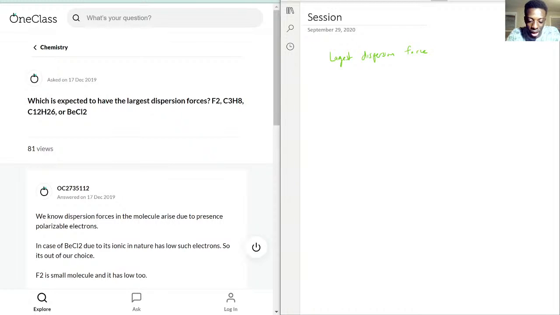So with that we have F2 fluorine, C3H8, C12H26, and BeCl2. Okay, so with this we kind of have to go over our rules for dispersion forces.